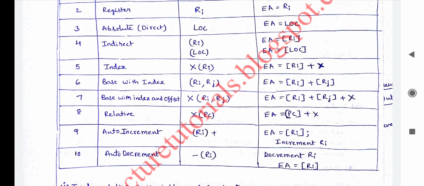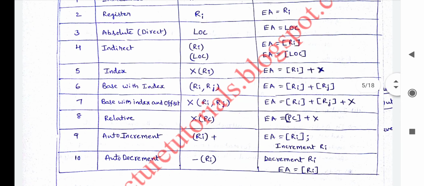Relative addressing mode, X(PC). PC is nothing but program counter, so effective address is equal to PC plus X. And auto increment: (RI)+, effective address is equal to RI, then increment RI.